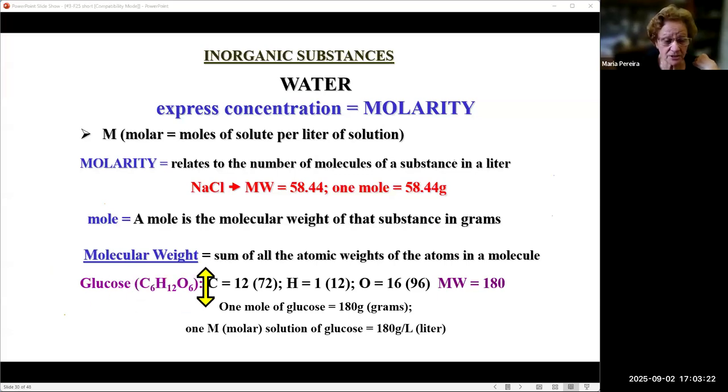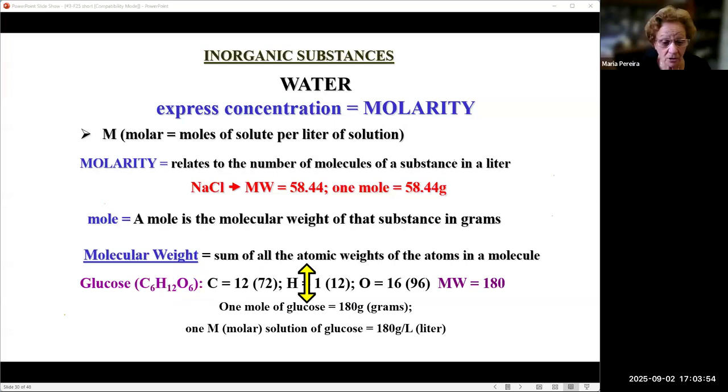So glucose, this is the chemical formula of glucose. It has 6 carbons, 12 hydrogens and 6 oxygens. Because it has 6 carbons, you have to multiply 12 by 6. This is the molecular mass, number of neutrons plus protons. So 6 times 12 is 72.